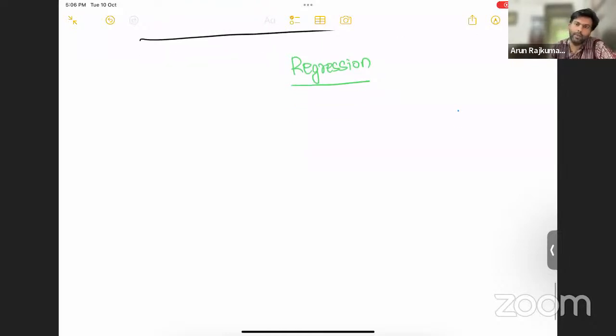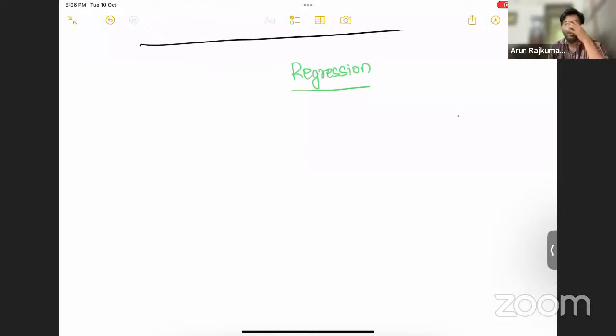We'll take a simple prototypical example and I'll try to motivate the problem of regression with this. And then we'll see how to come up with algorithms to solve this problem.